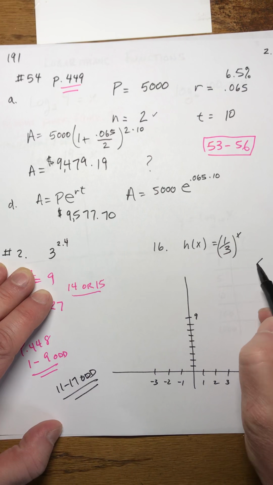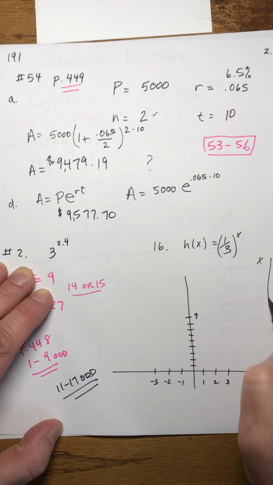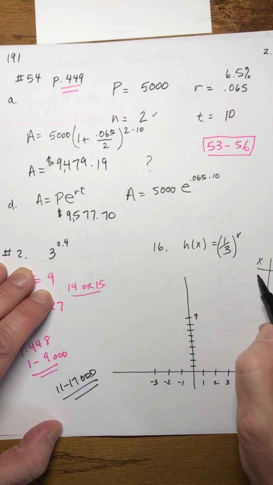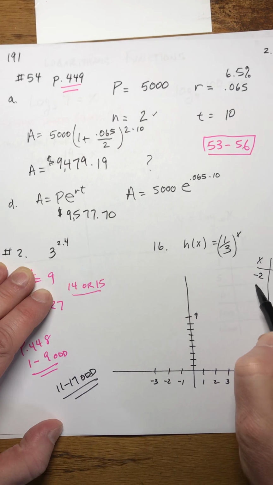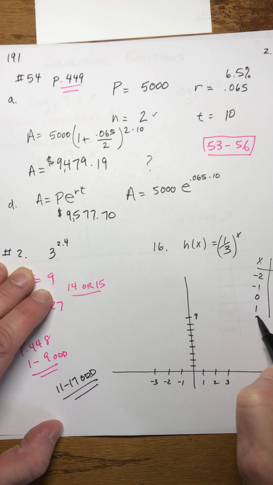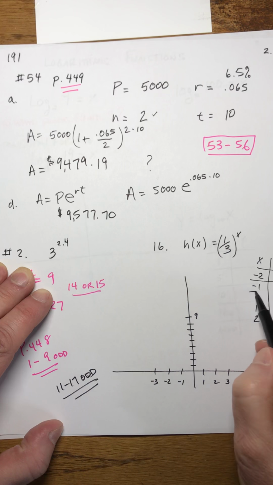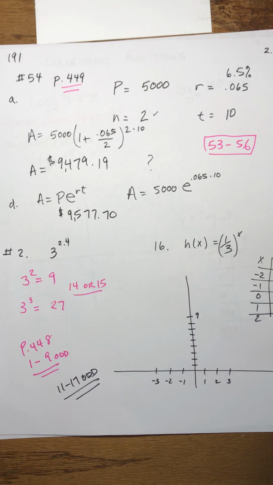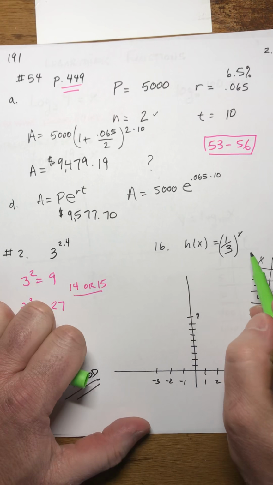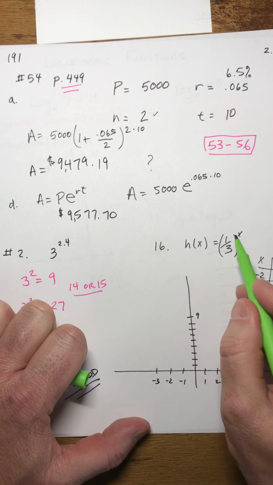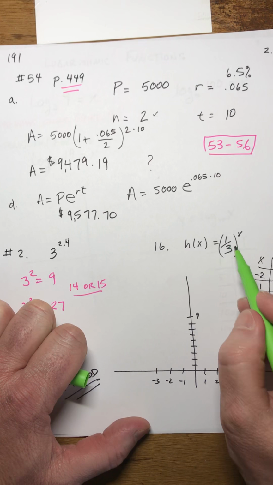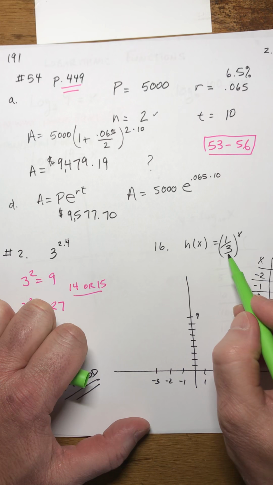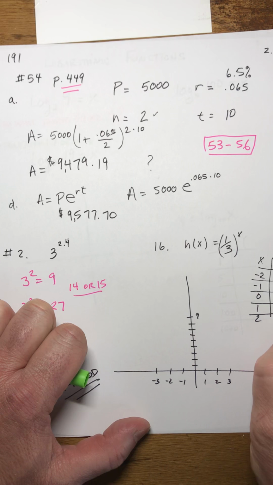But if we were to make a chart with this, x and y with a 1/3, let's see how this would look. Let's choose some numbers like -2, -1, 0, 1, 2. And let's see what the y values would be if these were the x values. 1/3 to the -2. 1/3 to the +2 is 1/9, 1 squared over 3 squared. But the negative flips it upside down.